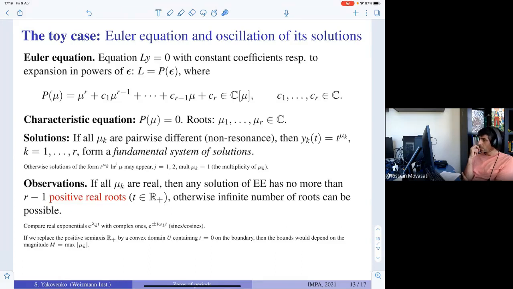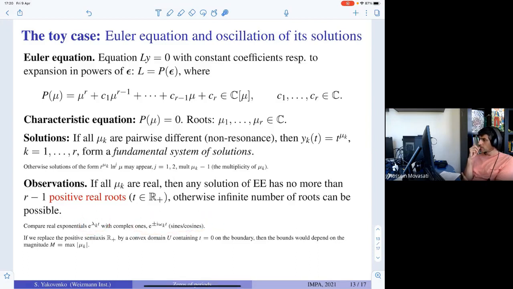The only thing that we need to add in this case is that uniform upper bounds require that all characteristic exponents be real. In order to bound the number of roots of solutions, we need that all mu k be real. Why? Because this is the same condition as if we compared, on the infinite line, real exponentials with sines and cosines.